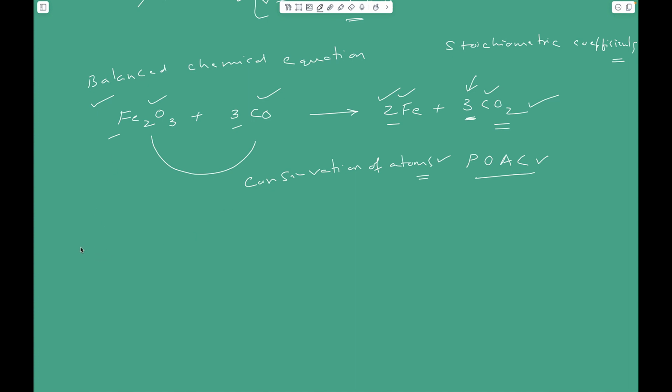It says 1 formula unit of ferric oxide combines with 3 molecules of carbon monoxide to produce 2 atoms of iron plus 3 molecules of carbon dioxide.